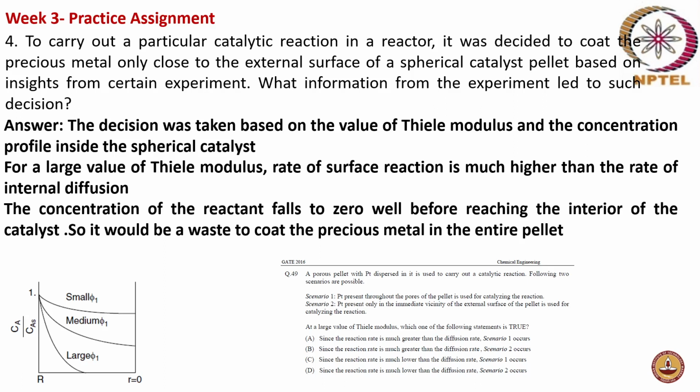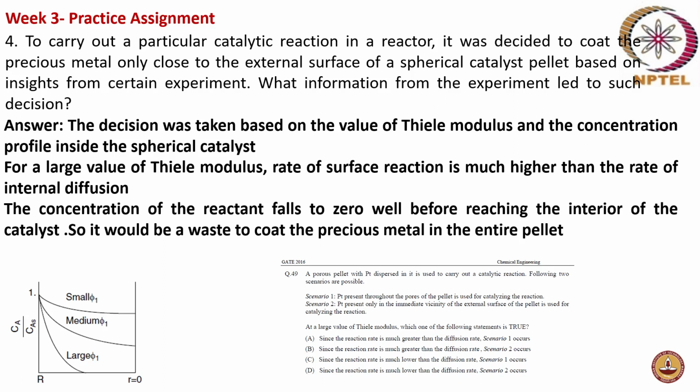Scenario 1, platinum present throughout the pores of the pellet is used for catalyzing the reaction. Scenario 2, platinum present only in the immediate vicinity of the external surface of the pellet is used for catalyzing the reaction. At a large value of Thiele modulus, which one of the following statements becomes true? They have given 4 options. Since the reaction rate is much greater than the diffusion rate, scenario 1 occurs.